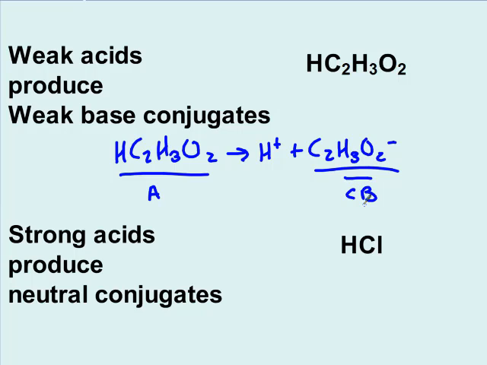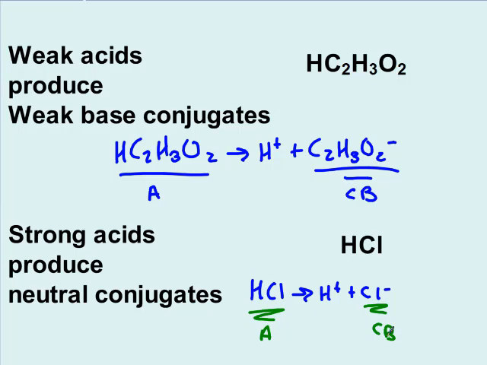That conjugate base is going to be stronger than water. It's going to be a base. While HCl, when it breaks apart, HCl's conjugate is chlorine. So this is an acid, this is a conjugate base.